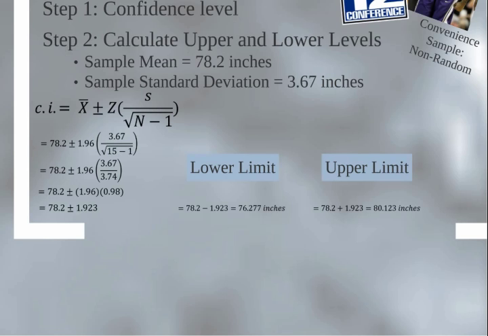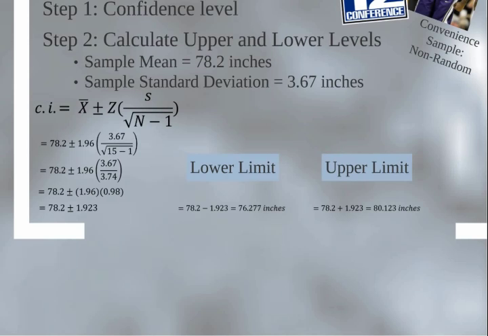So what this is telling me is that I can be 95% confident, based on my sample of UW basketball players, that the average height for players in the Pac-12 conference is going to be somewhere between 76.277 inches and 80.123 inches. I can be 95% confident of that. And again, that still leaves a little bit of error, right?